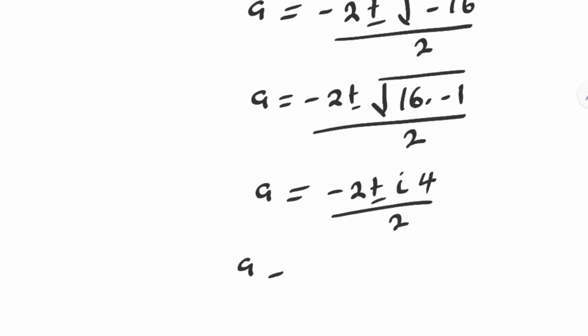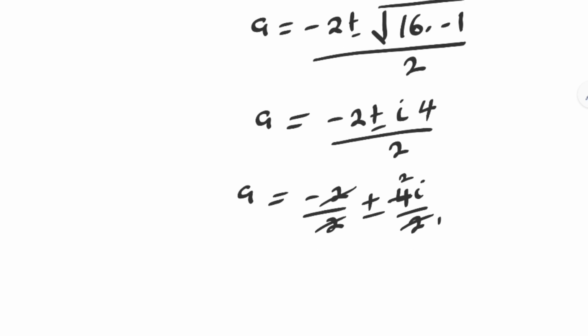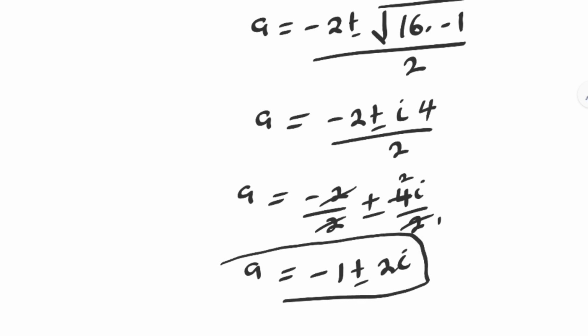Now, a is equal to minus 2 over 2 plus or minus 4i over 2. Then a is equal to minus 1 plus or minus 2i. As you can see, these are other values of a, which are in complex form.